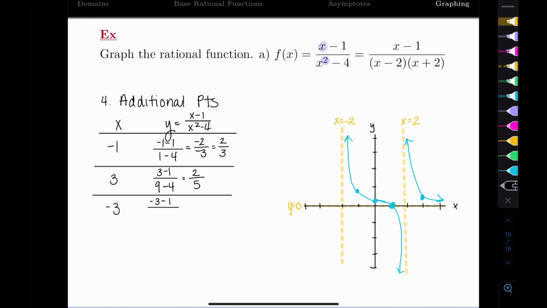In the bottom, -3 squared is positive 9 minus 4. So this gives us -4/5. So our y value is down here, which now immediately tells us we are going to hug the asymptotes this way. And this is our graph of the function f.